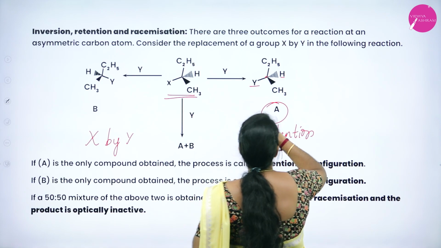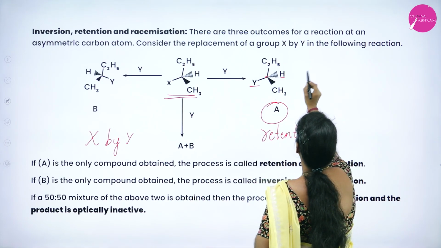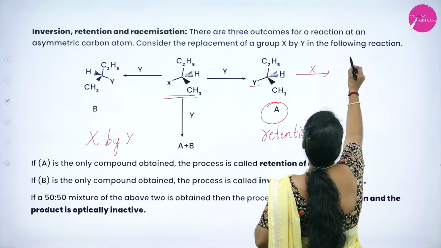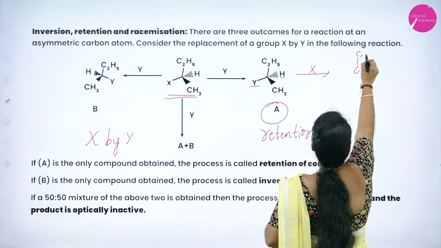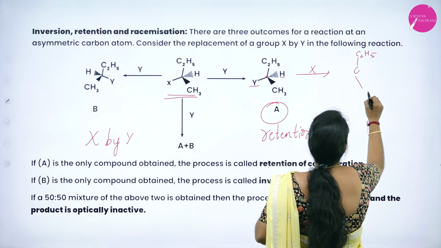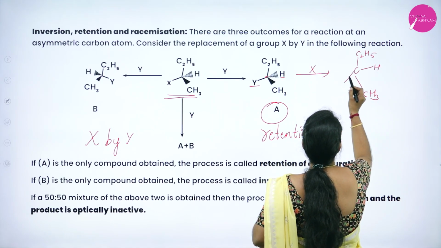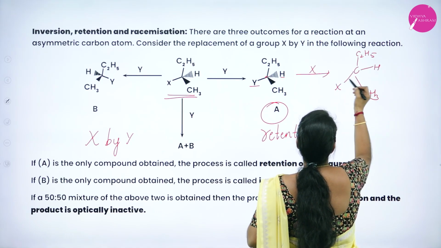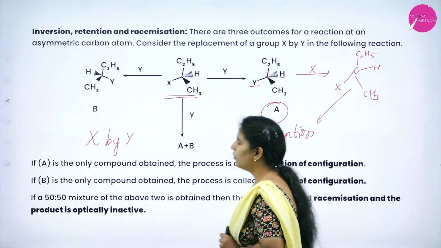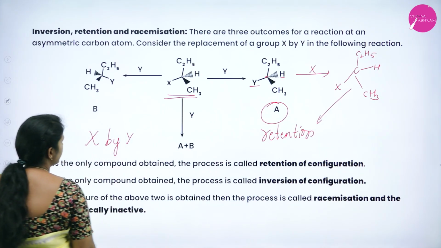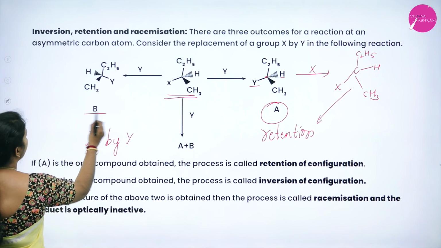I can rewrite this just by replacing the Y with the X. So how will you write? C2H5, CH3, and this is hydrogen. Instead of Y, you will write X. So this is an example of what? Retention of configuration.